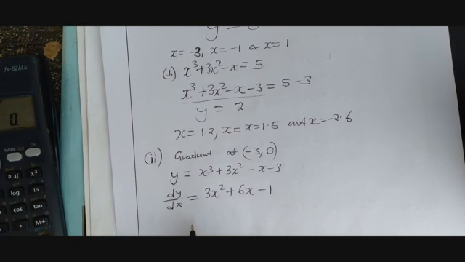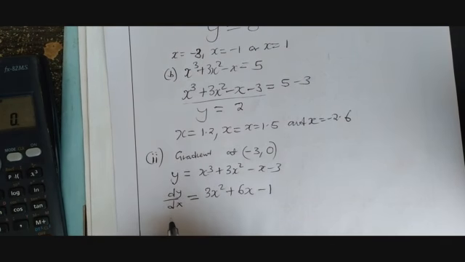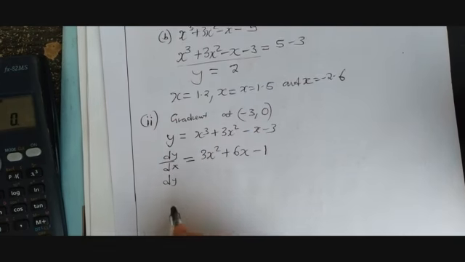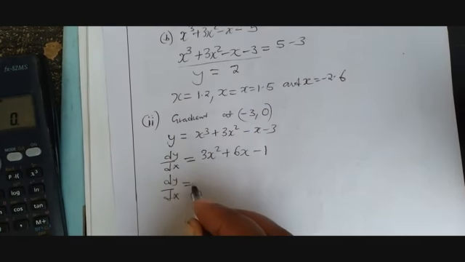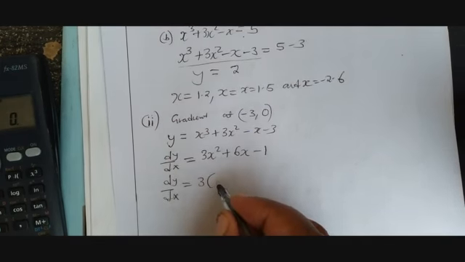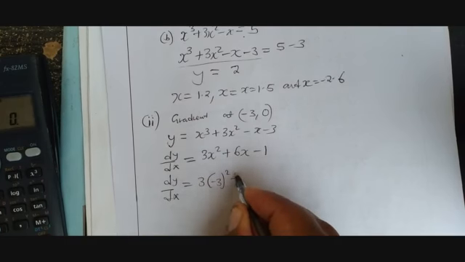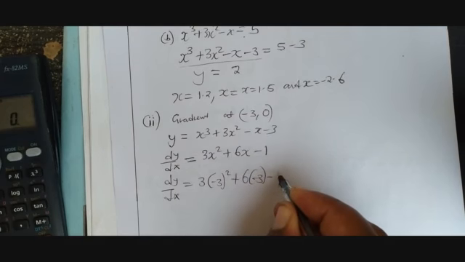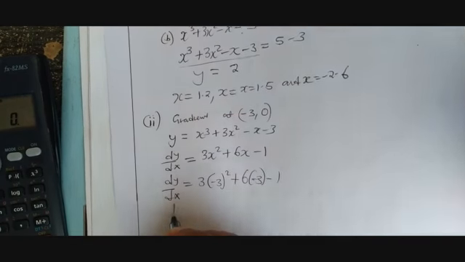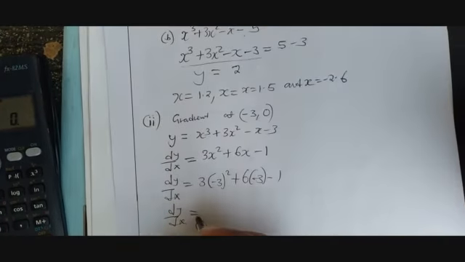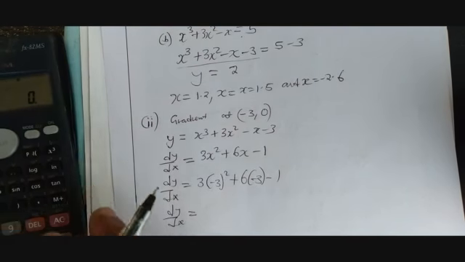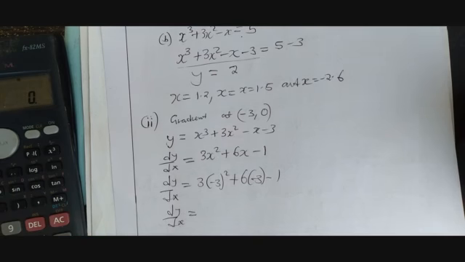But our x here is negative 3. So say dy dx is equal to 3 negative 3 squared plus 6 negative 3 minus 1. So dy dx is equal to, when you punch this on your calculator, what do you get?